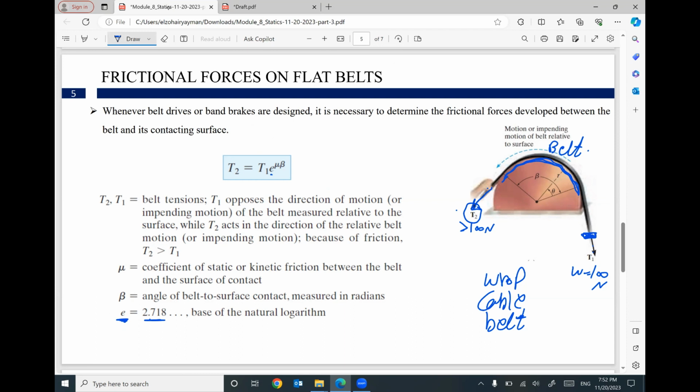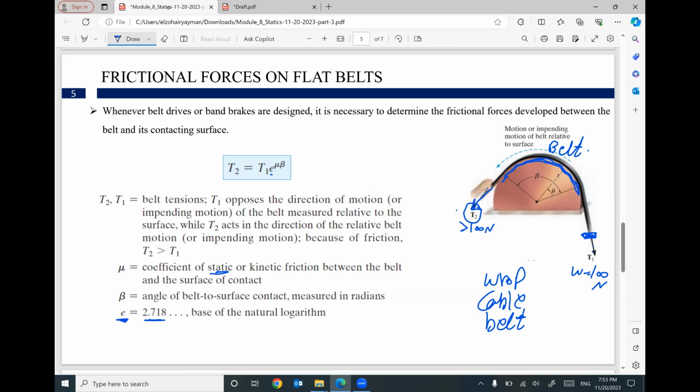You can find it on your calculator, by the way. If you look at the calculator, at the button called LN, you can find the value of e. Does that make sense? Mu is the coefficient of static or kinetic friction, based on the belt. If the belt is moving, it will be kinetic. If the belt does not move yet, it will be static.